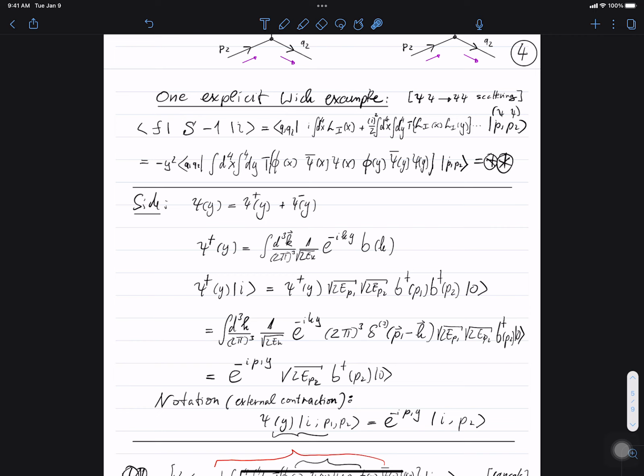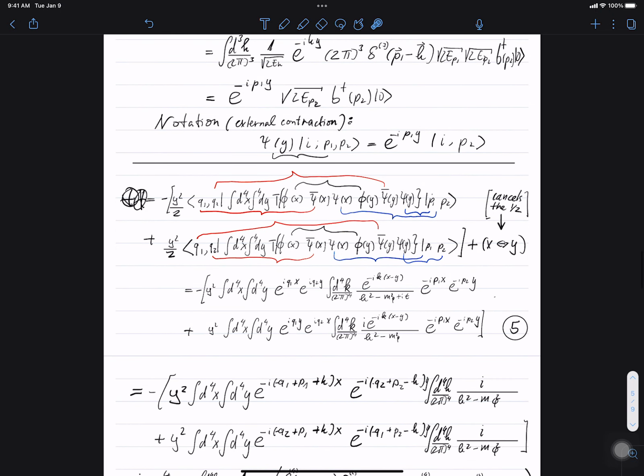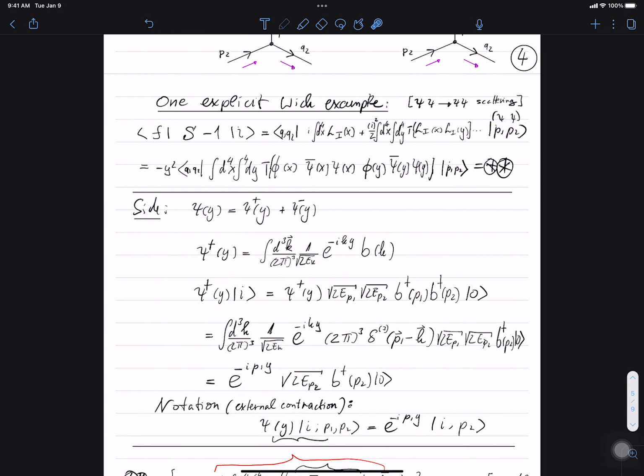Well, to evaluate this, we insert the definitions of L, so we get a y squared here. We actually get a y squared over 2, because here is a factor 1 over 2, and from the expansion, remember, there's the 1 over n factorial in the expansion of the exponential function.